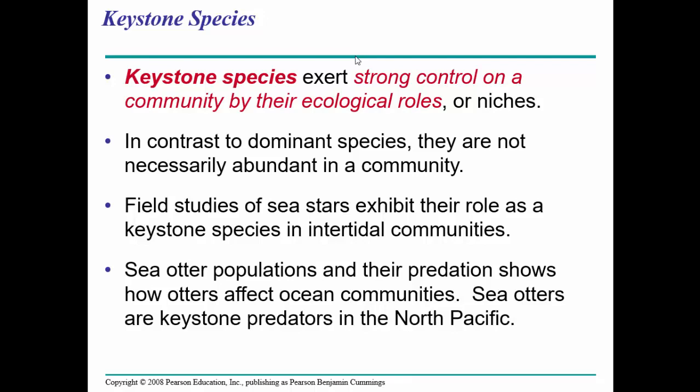There are many other keystone species in terrestrial ecosystems. For example, we have butterflies and bees. They are keystone species because without them, there will be problems in terrestrial communities. For example, without bees, there will be no fruits. Without bees, there will be no seeds made.